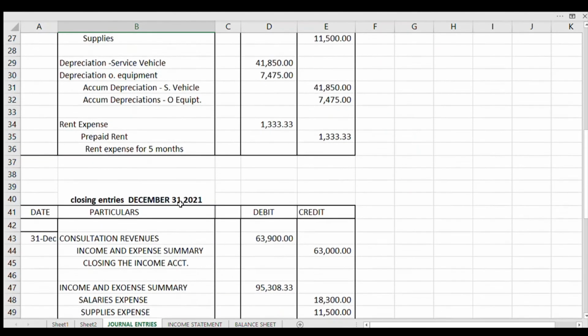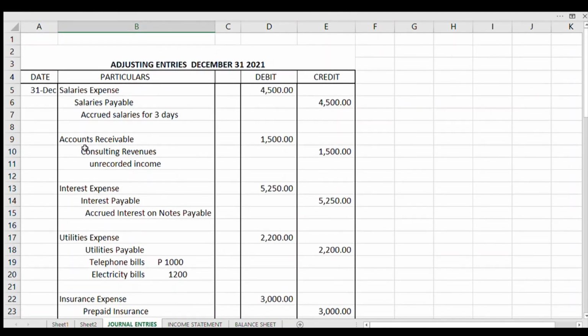Okay, so again, let's do the second accrual, the receivable and the income.